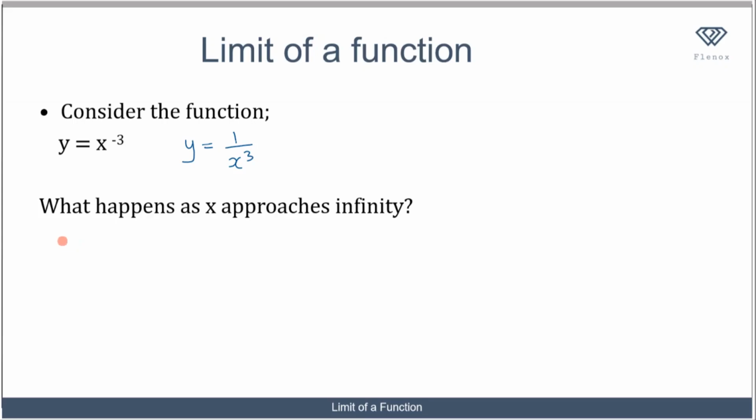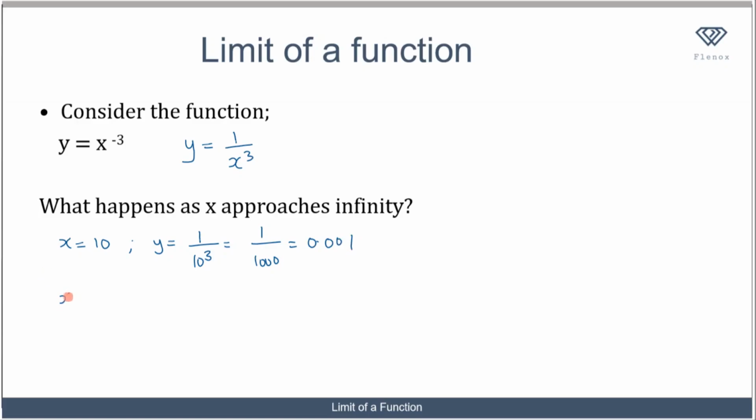To get started, let's assume that x is equals to 10. If x is equals to 10, I can find the value of y, which will be equals to what? 1 over 10 cubed. If I substitute the value of x here, I have 1 over 1000, which is equals to 0.001.